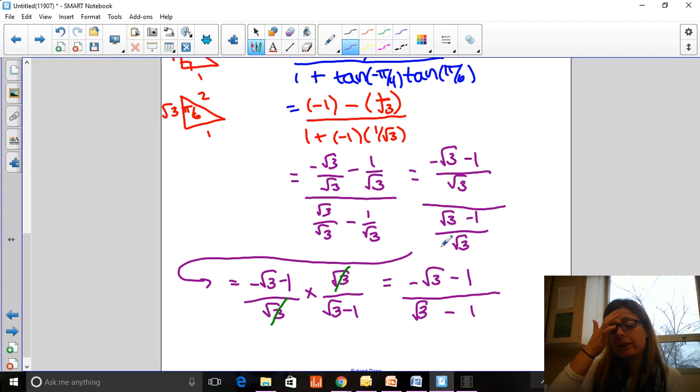Now take your calculator and do bracket minus root 3 minus 1 bracket divided by root 3 minus 1 bracket. And that answer that you get there should be the exact same long decimal that you got for your tan value. So that is the exact value, which has a lot more use mathematically than just that decimal estimation.